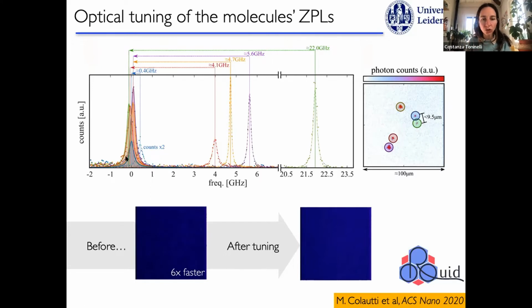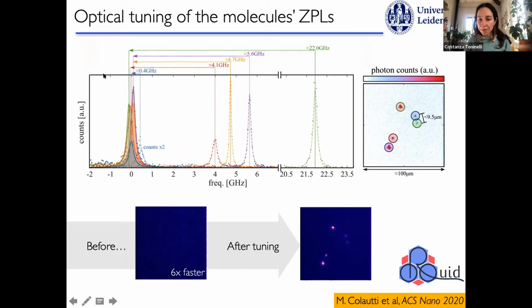They are now brought all together, and there's a moment in which they light up all together. So this is a multiple-emitter, multi-photon experiment that cannot be done with any other type of quantum emitters.